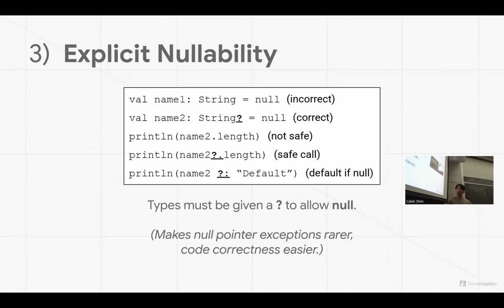And then you can add upon that with the default-if-null operator, in which case you do name2 and then question mark colon and then some default value, which it returns if name2 is null. Does that make sense? Okay. I know this is kind of confusing, so later on, if you have any questions, please ask. Yeah, it makes null pointer exceptions rare and code correctness easier.